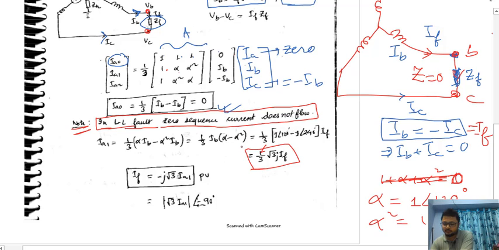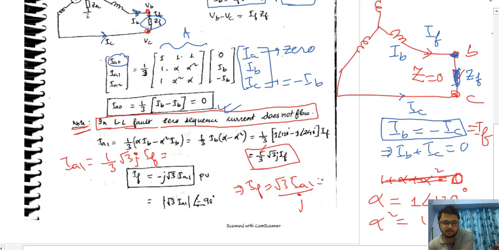So IA1 how much did we get? IA1 we got 1 by 3 times root 3 J IF. Now the objective is to calculate the fault current. So fault current equal to, if I shift this to the left hand side, root 3 IA1 by J, equal to minus of root 3 IA1, and here J is going to come.